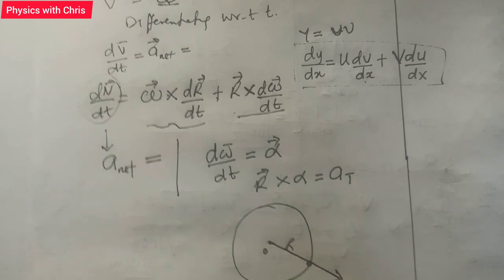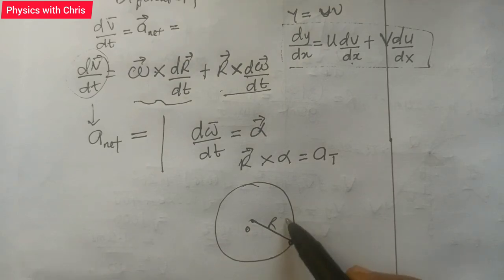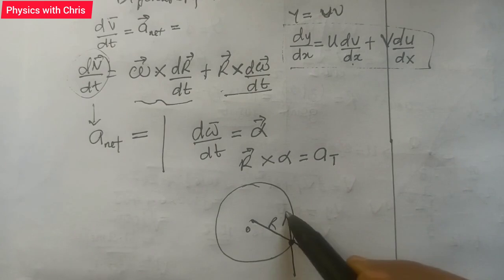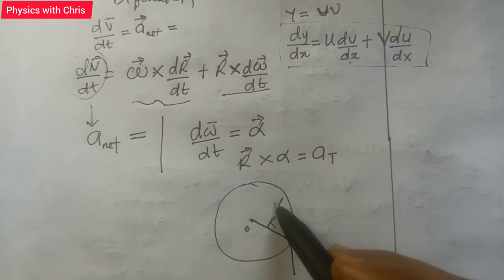This is the radius of the circle, r. You can see that the direction of r is outward at this point. Now, angular acceleration is directed in such a way that it is perpendicular to the plane of that circular path. So this is the direction of my angular acceleration.